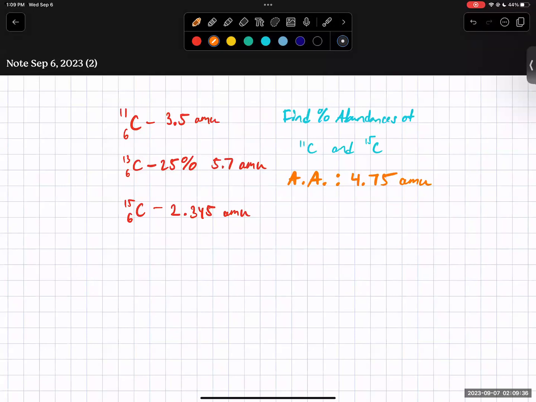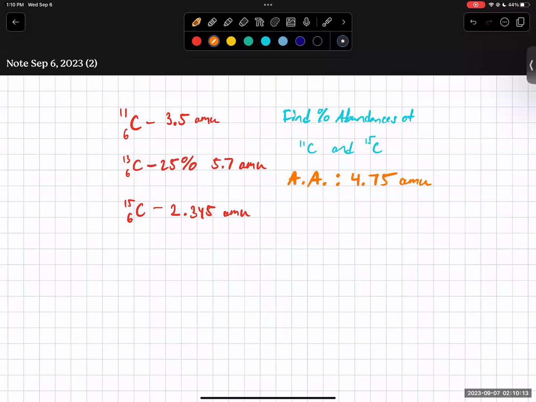The average atomic mass, which he gives us, is equal to the mass of one times its percent abundance, plus the mass of two times its percent abundance. Let's say M1 is the one that we know everything about.